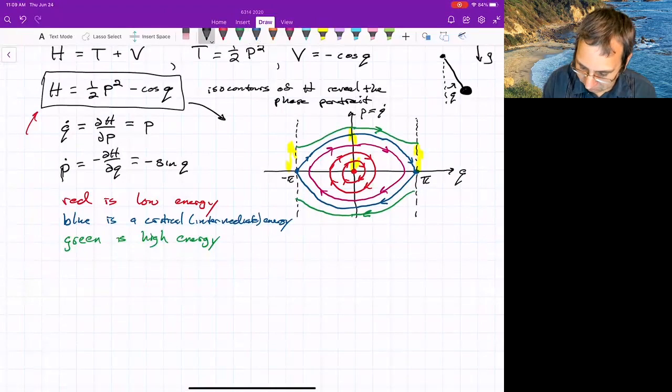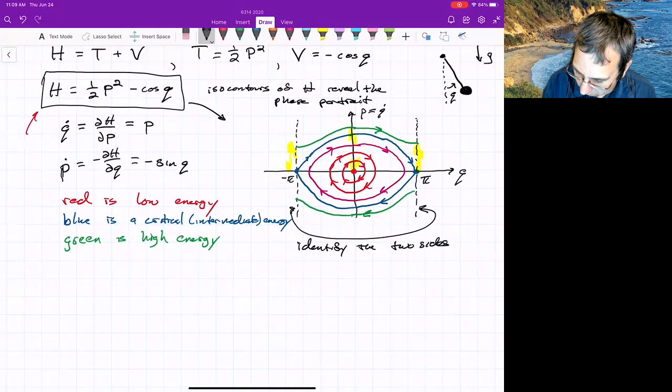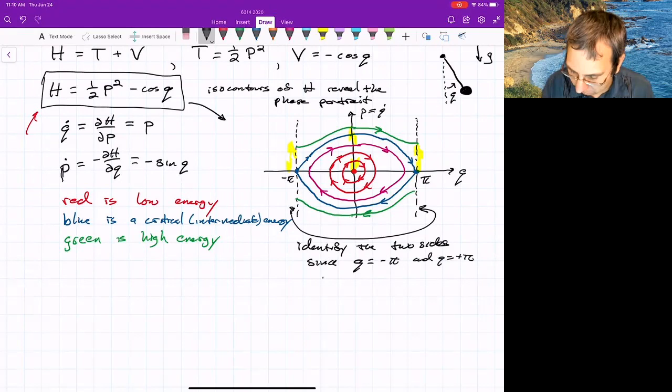Sometimes to remind myself that these two are physically the same, I'll do this weird thing that just says we identify these two sides, since Q equals minus pi and Q equals plus pi are physically the same location.